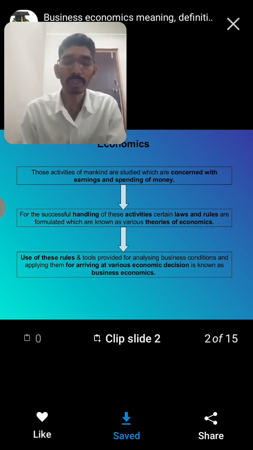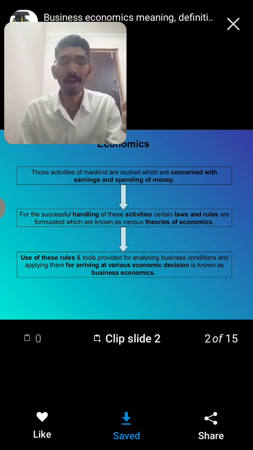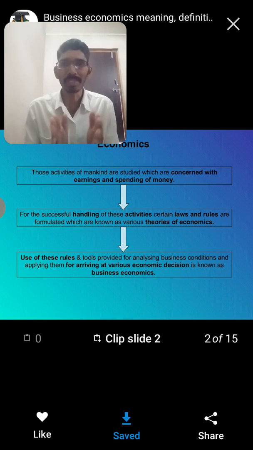It deals with matters regarding business organizations, decision making and business planning. So we can say that business economics deals with decision making and forward planning.